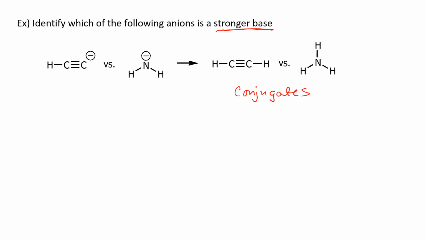These are the conjugate acids of each of the conjugate bases. This is not a chemical reaction here. I'm just using the arrow to show you that we're going from the bases and now we're drawing our conjugates. Now, we're going to identify the pKa values. This is 25 and this is 38. Now remember, if we want to find the stronger base, we're looking for the weaker acid.